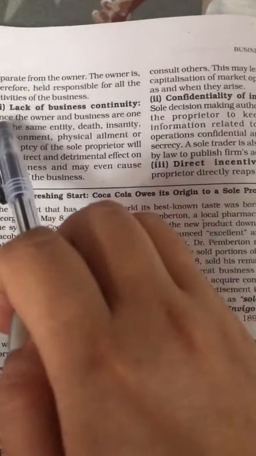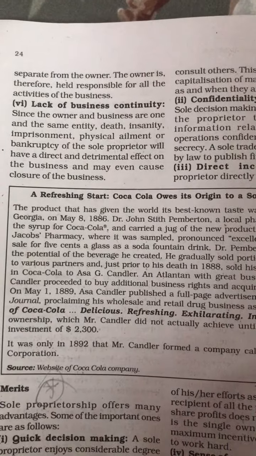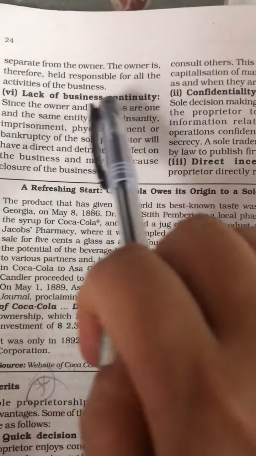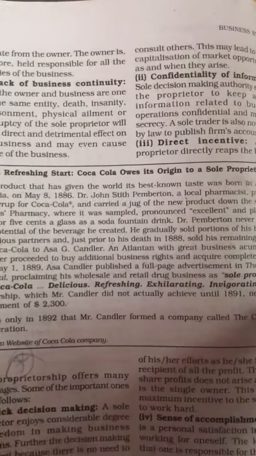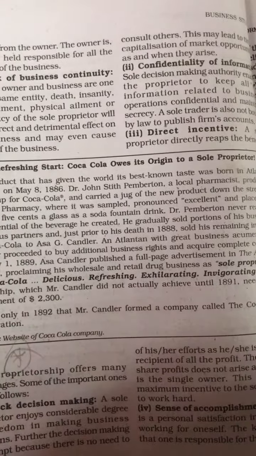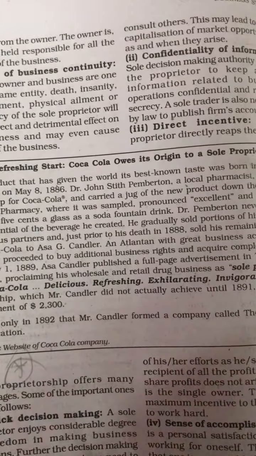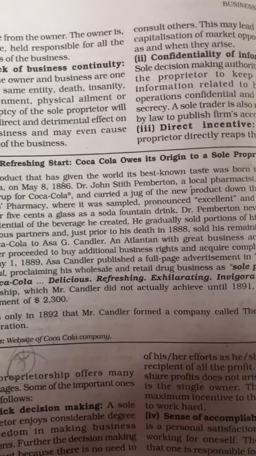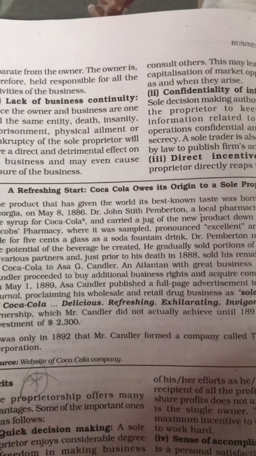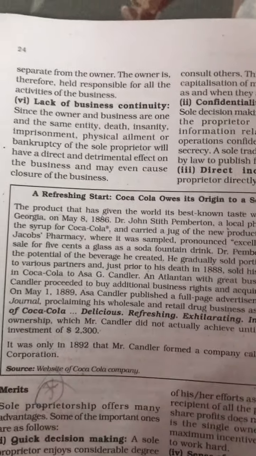And the sixth point, that is the last point, that is lack of business continuity. Lack of business continuity means since the owner and business are the same entity, there is a lack of business continuity because यसमा partnership हुँदैन, so यहाँनिर individual person himself is the owner of the business.